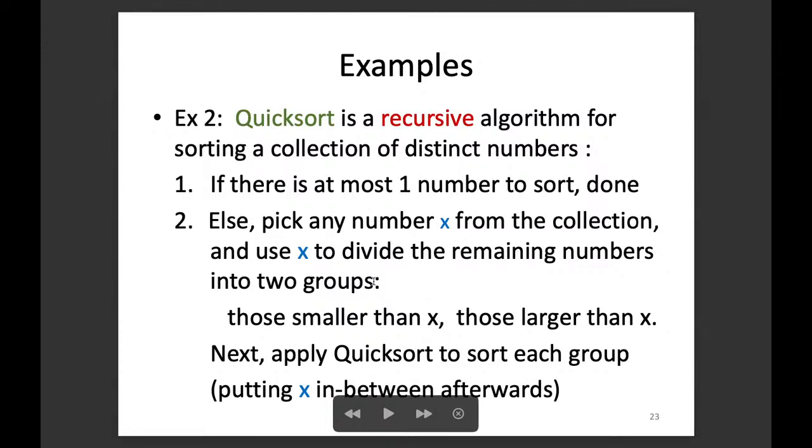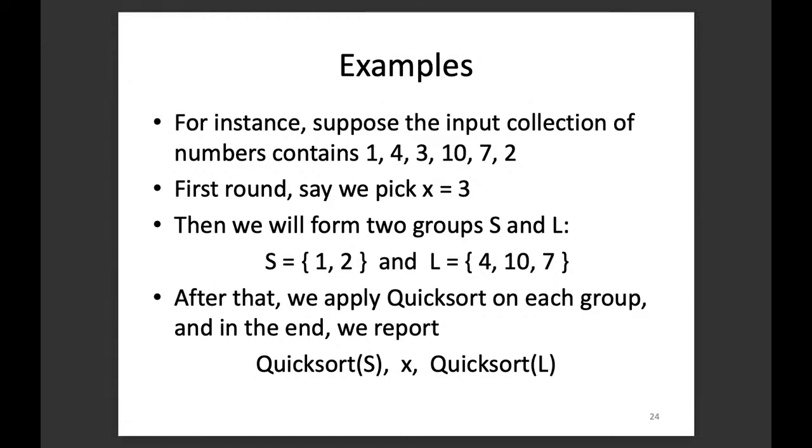Usually the correctness of a recursive algorithm, why a recursive algorithm is correct, can be proven using induction. So here we will see that quicksort can correctly sort 0 numbers or 1 number, right?